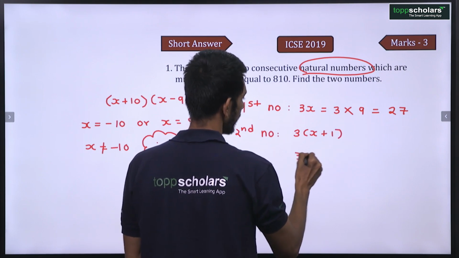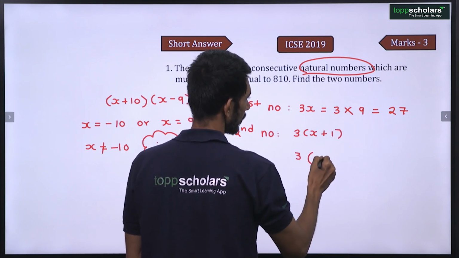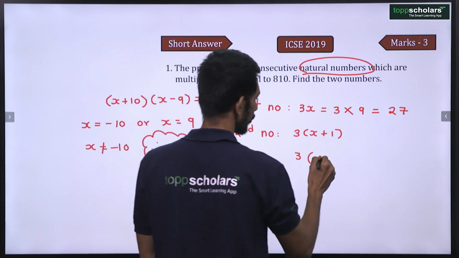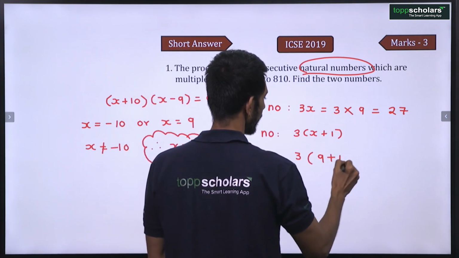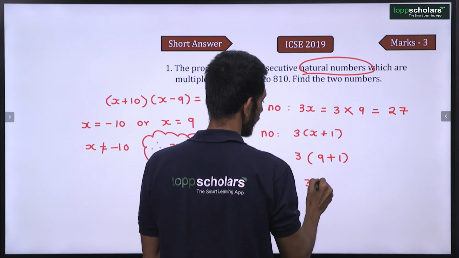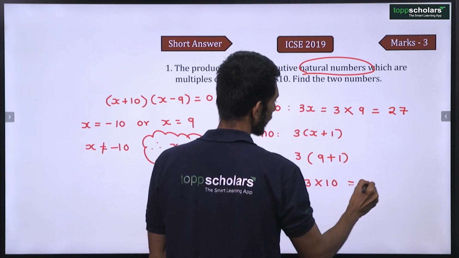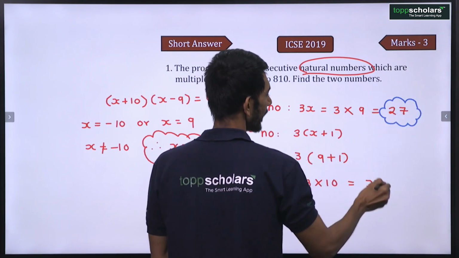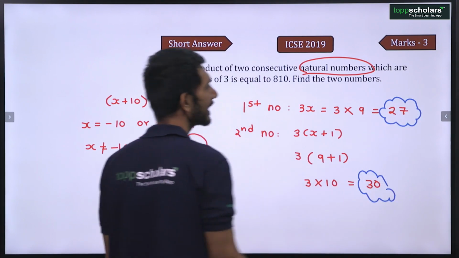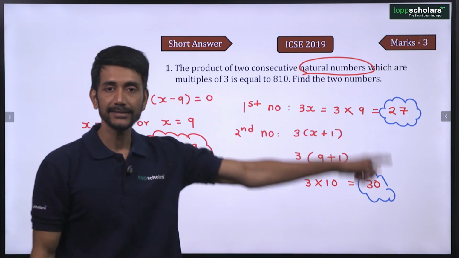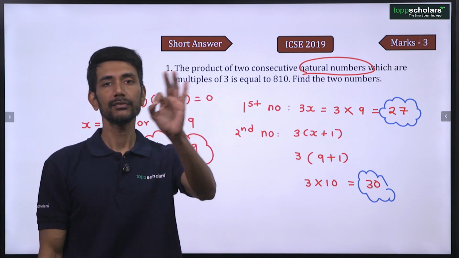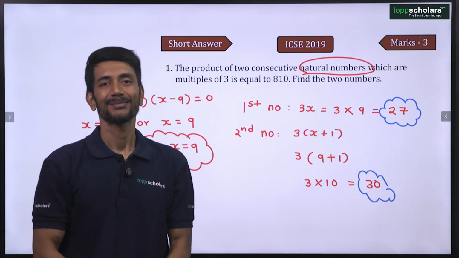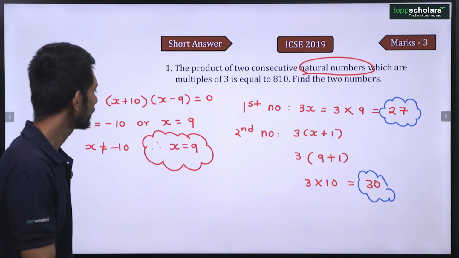That is 3 into, x is how much? X is 9. So can I say this will become 9 plus 1? 9 plus 1 is 10. So 3 into 10 gives me 30. So the two numbers are 27 and 30. They are the consecutive numbers, right? They are consecutive numbers which are multiples of 3. Easy. Let's continue.